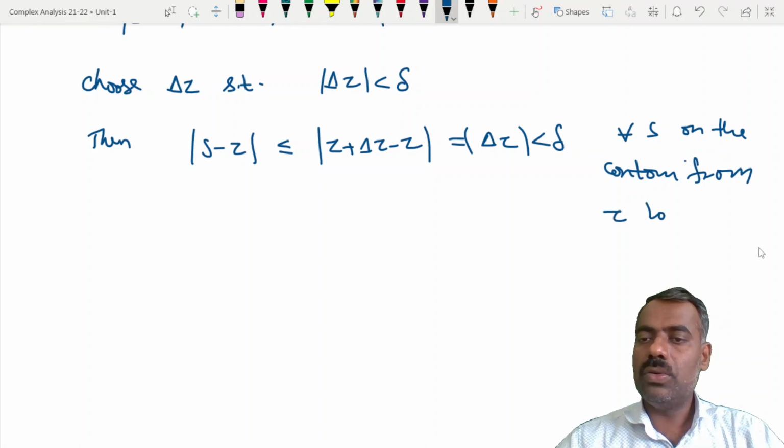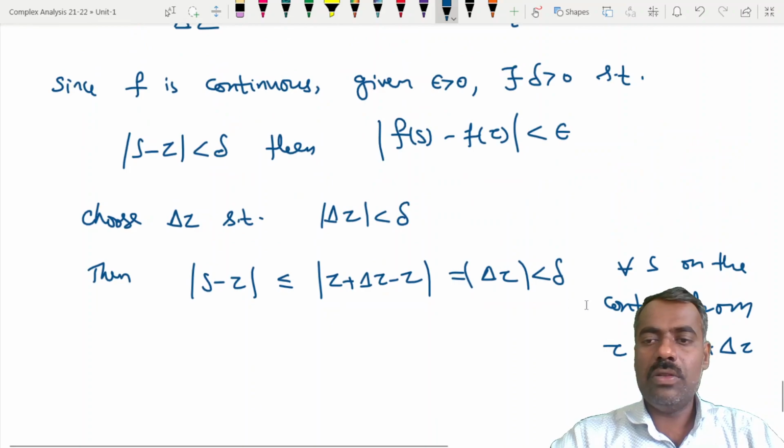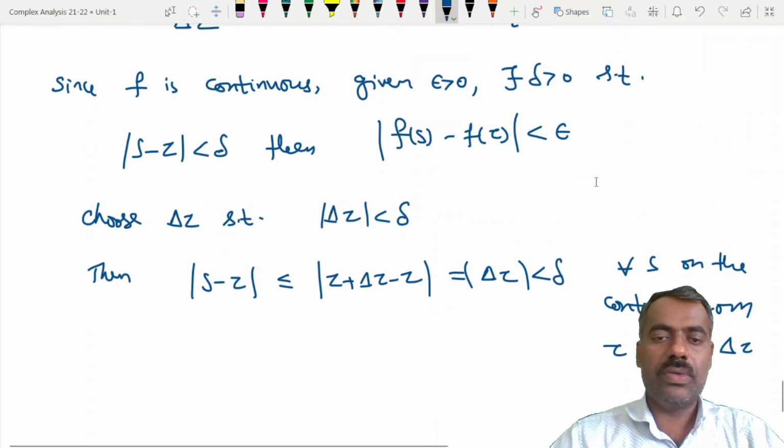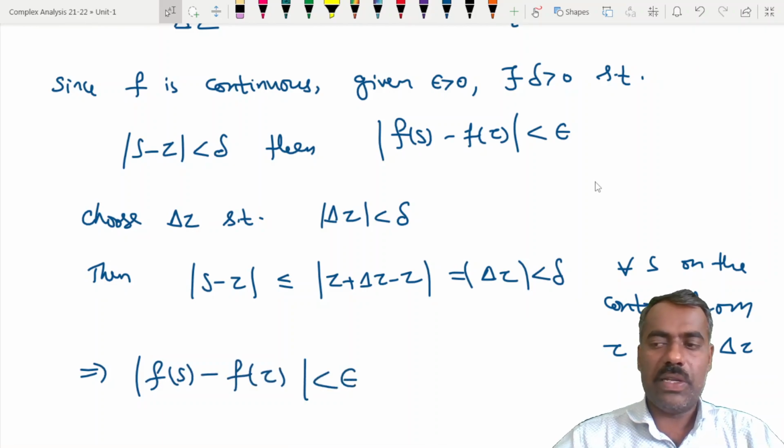from Z to Z plus delta Z. So therefore, for all those points S, this implies mod f of S minus f of Z is less than epsilon.